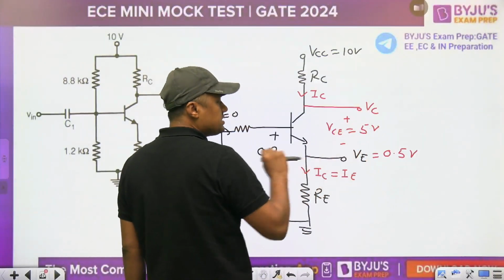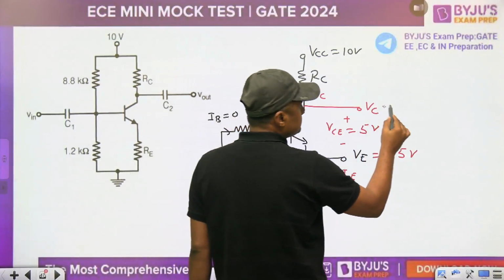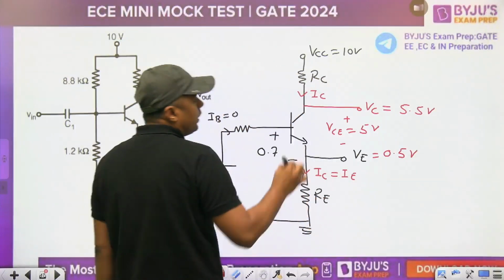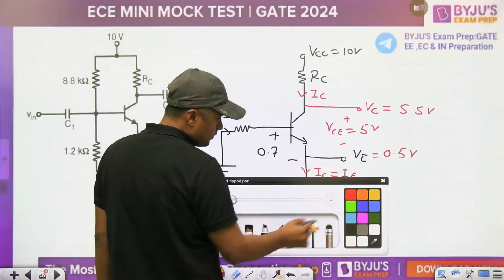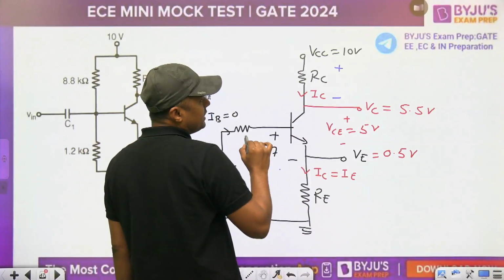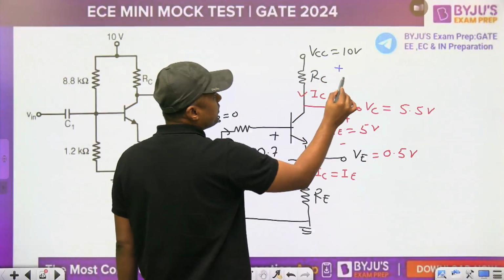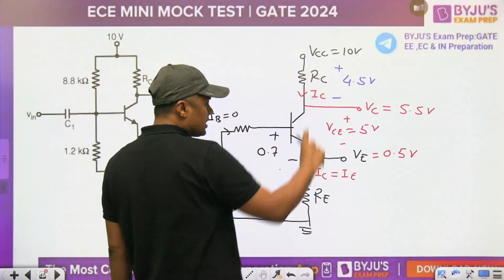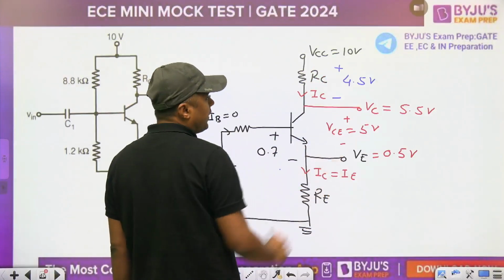This plus this will become 5.5 volt. Now, if this is 5.5 volt, what is the drop across the RC? Exactly, the drop across the RC is 10 minus 5.5, that is 4.5 volt. This is the drop across the RC and that is the drop across the RE, 0.5.